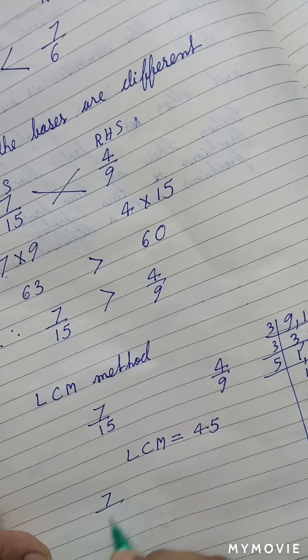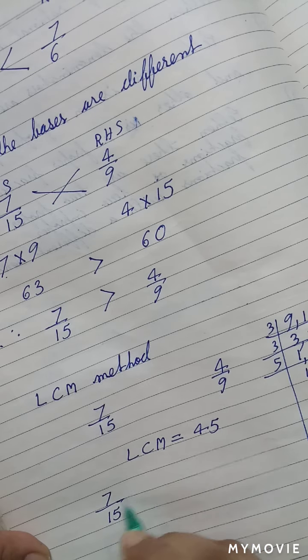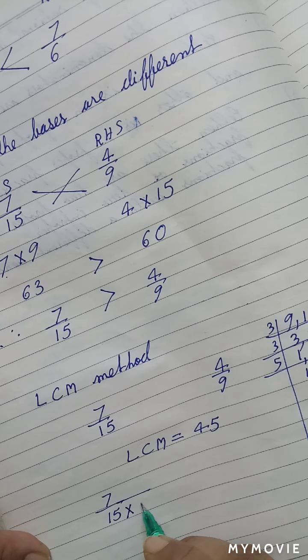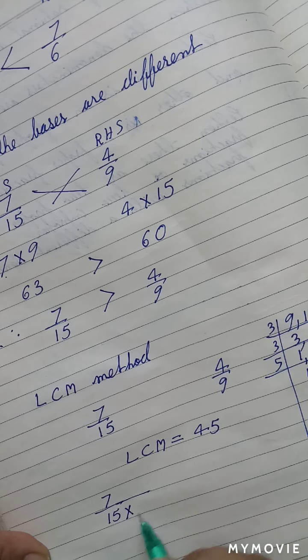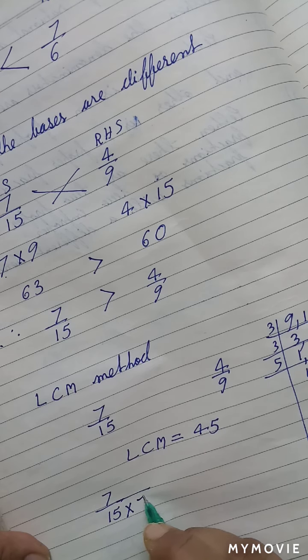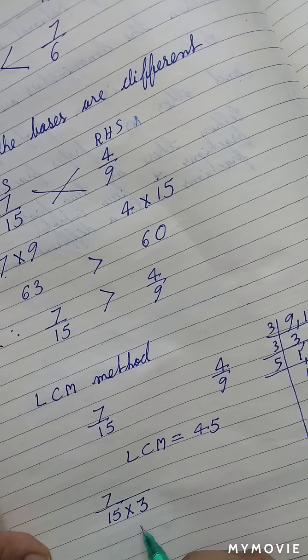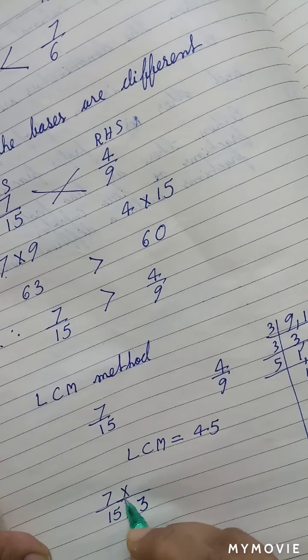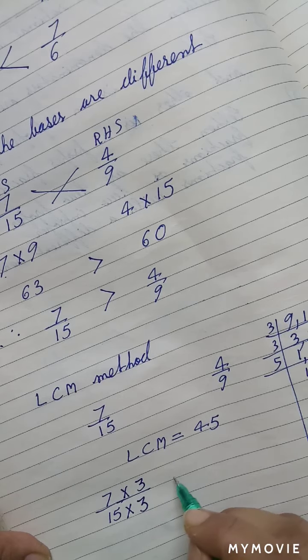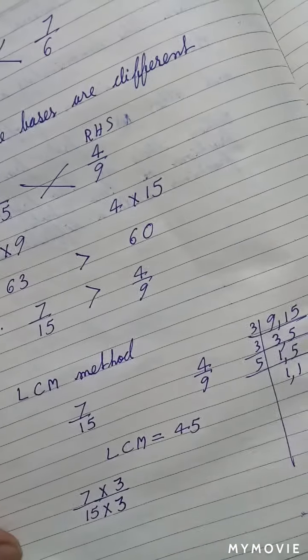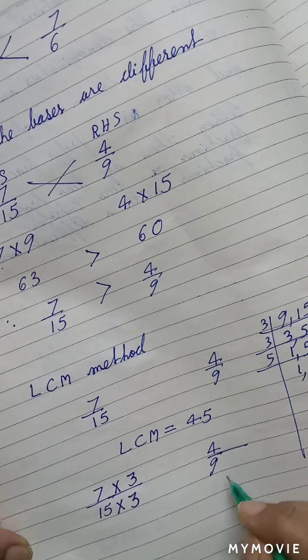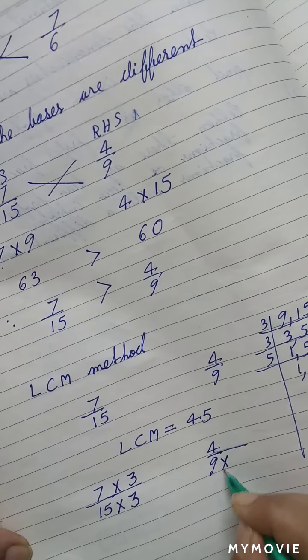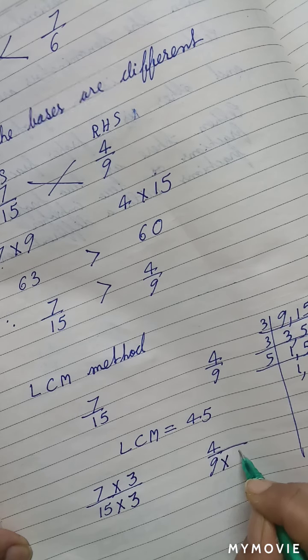Now we will move on to the second step. In the second step, multiply the denominator with a number so that we get the denominator equal to the LCM. So we will have to multiply it with 3, and because we multiplied the denominator with 3, we will have to multiply the numerator as well with 3. Repeat the same step for the next rational number. What are we going to multiply to 9 to make it 45?